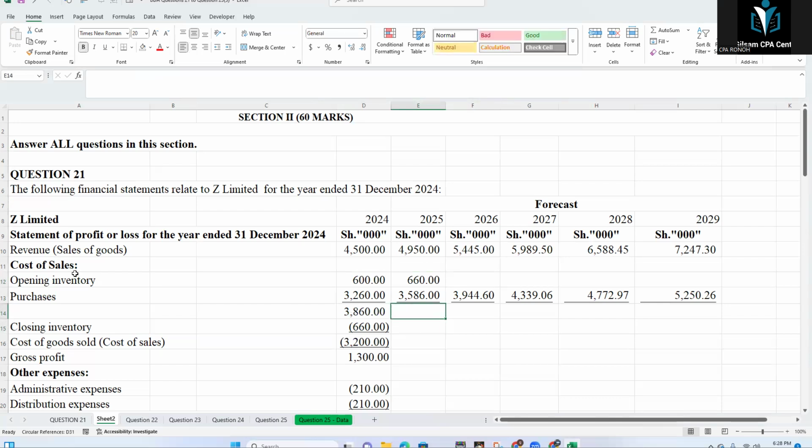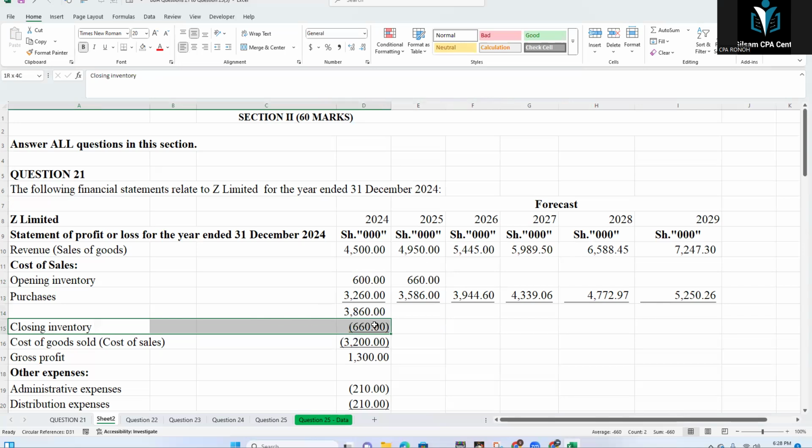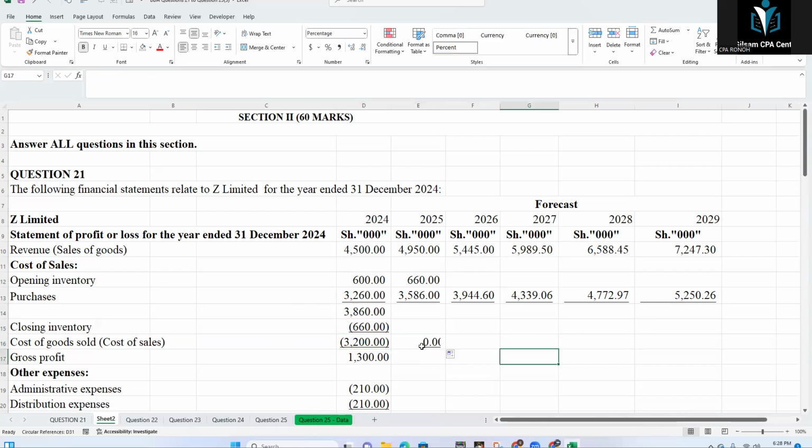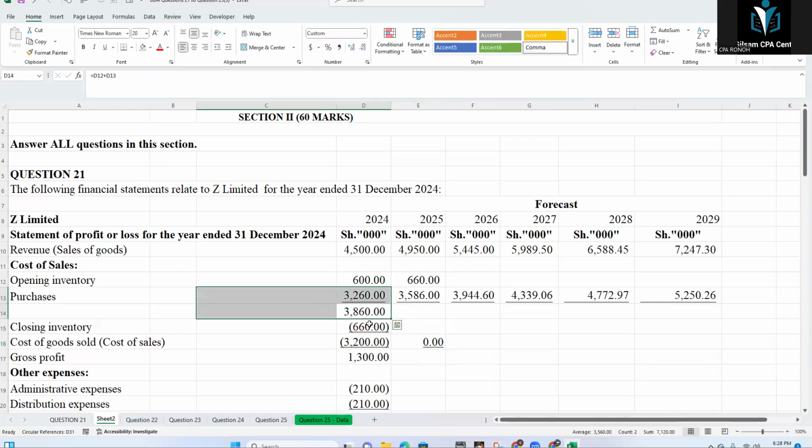Now, we have closing stock. This is the cost of sales. How do they get this cost of sales? Let's come here. So cost of sales: add these two to get the total and then subtract this. So we can even do the same.